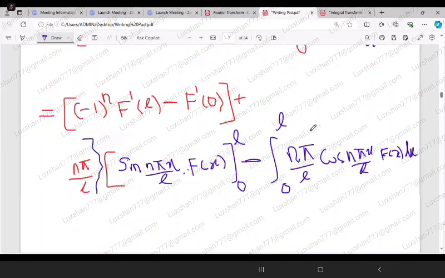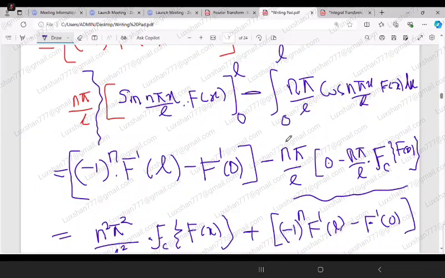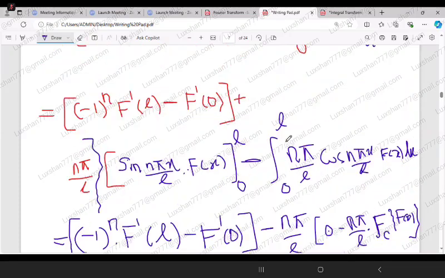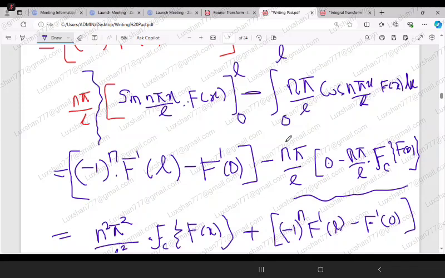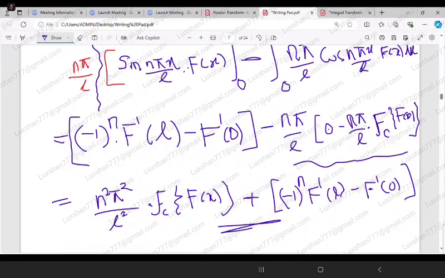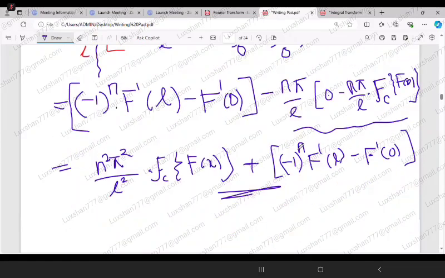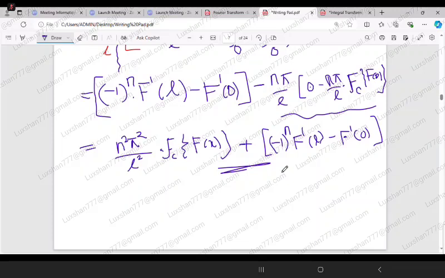There should be minus, I think. I don't know why. Where I have made a mistake, there's a minus problem. Where's the minus?